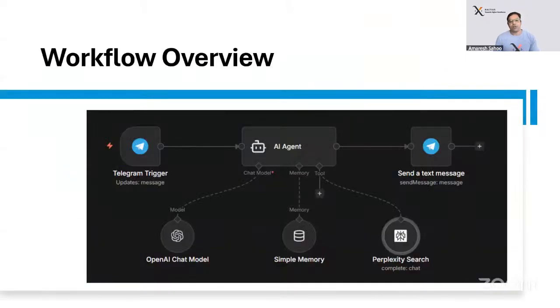Now, what we are going to use is a very basic workflow. We'll be designing this workflow in the N8N tool, where we will have a very simple workflow. But even though the workflow you're seeing looks very simple, it is very powerful, not because of the tools or the system, but because of the system prompt and the user prompt that we'll be using for this AI agent, right?